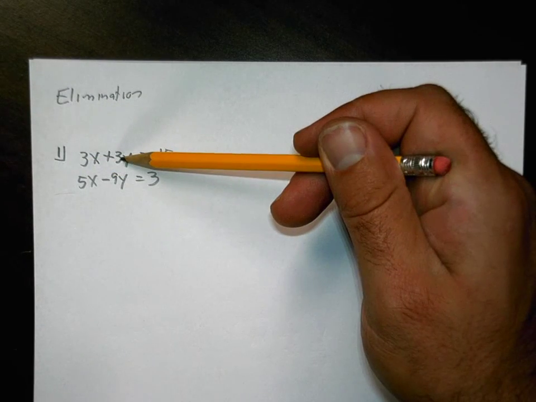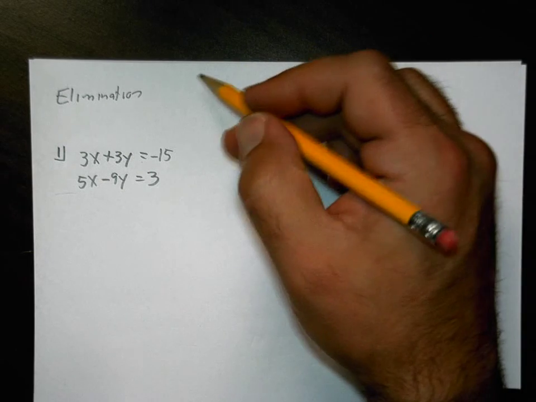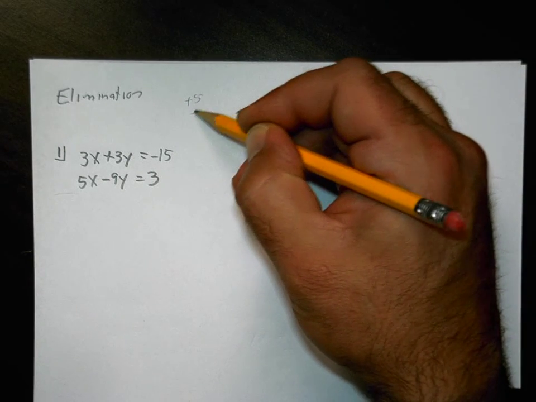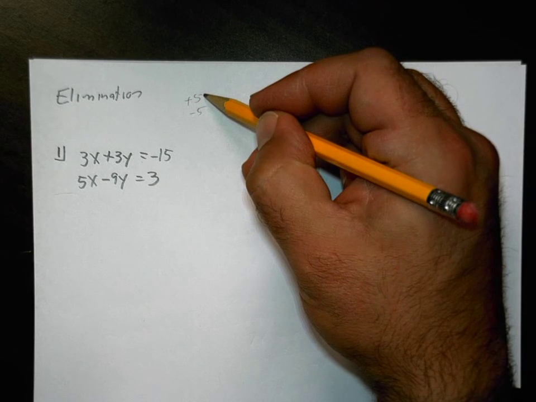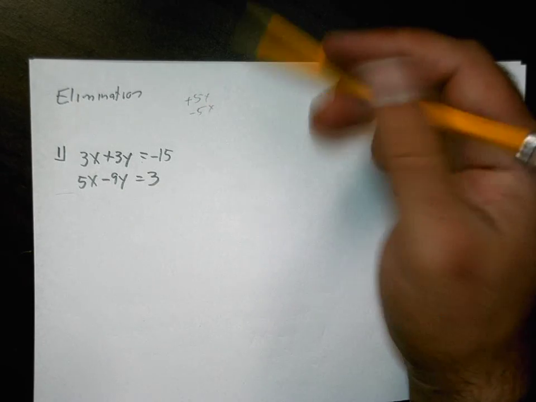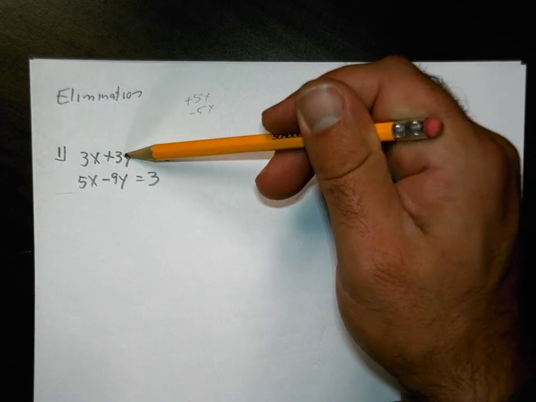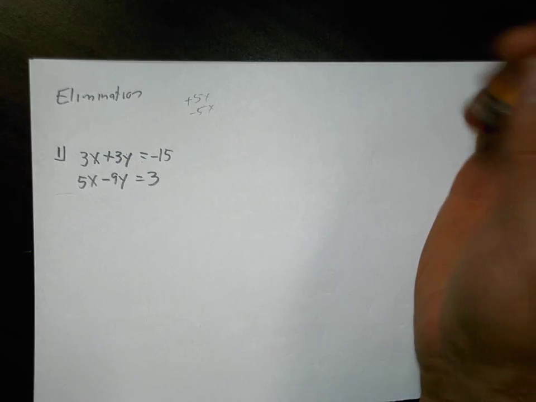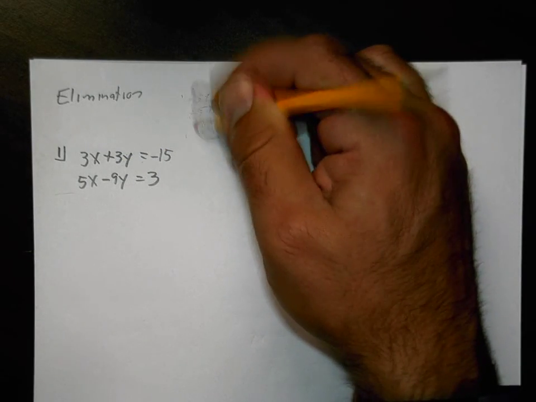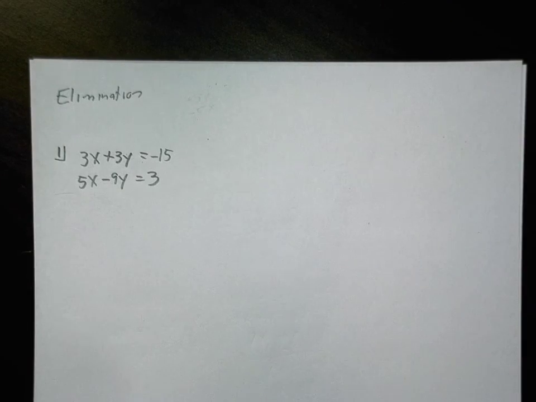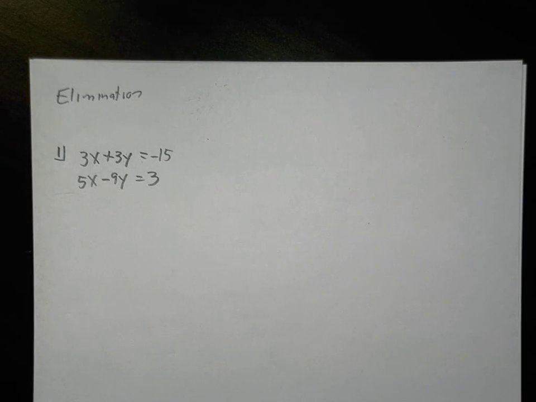Now we don't have opposites right now. An opposite would be like positive 5 and negative 5, or positive 5x, negative 5x, or negative 9y and positive 9y. We don't have that right now, so we have to multiply one of the equations by something that will create an opposite.